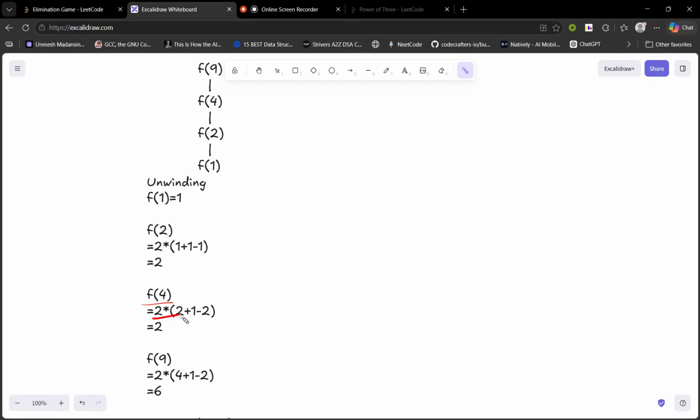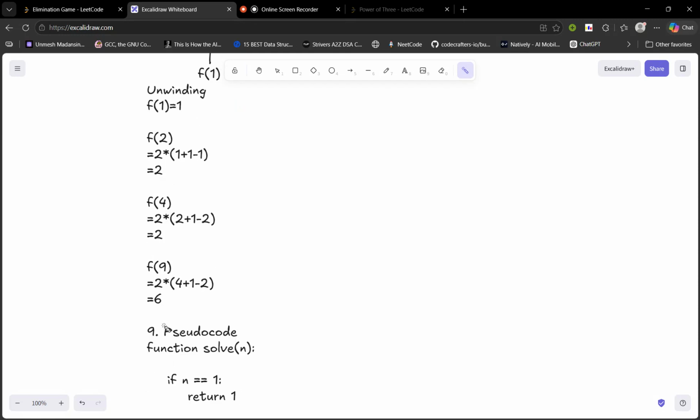Again for 4, so 2 into n by 2. So 4 by 2 is 2, plus 1 minus f of n by 2. So what was f of n by 2? f of 2 was 2, so that we have returned here, 2. So again 2 into 2, plus 1 minus 2, this is 3.